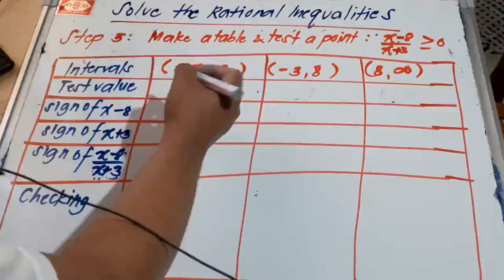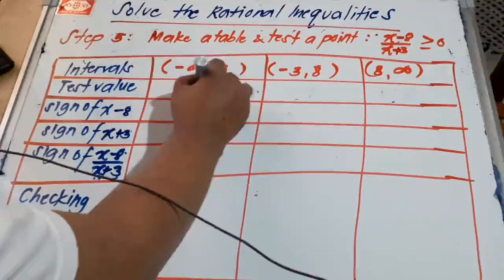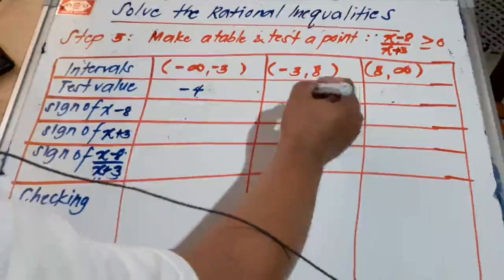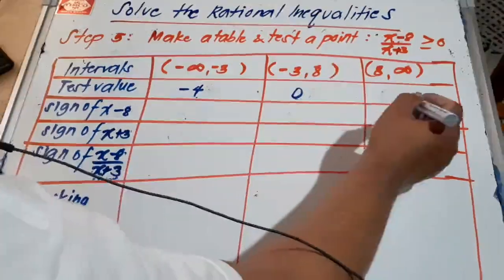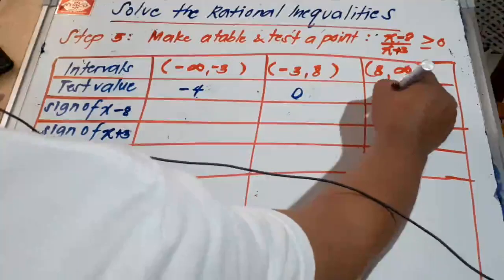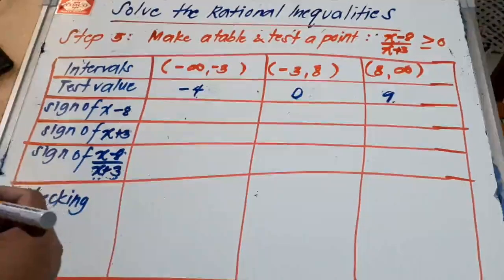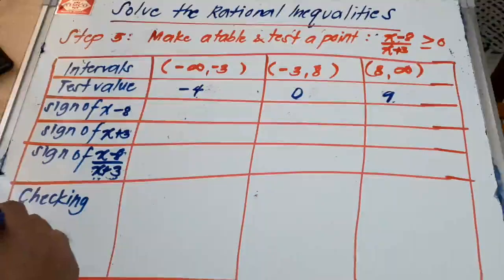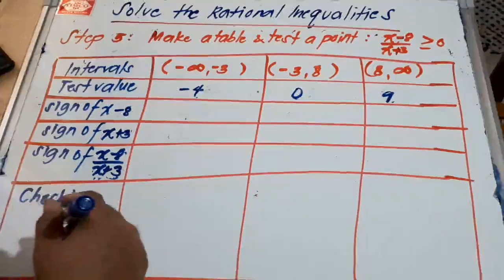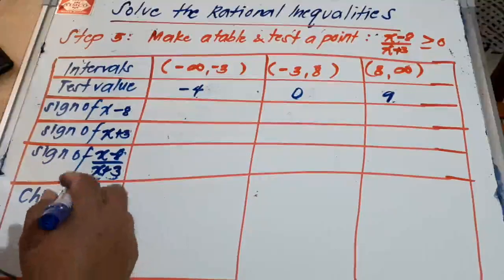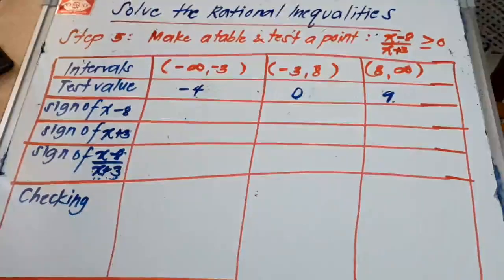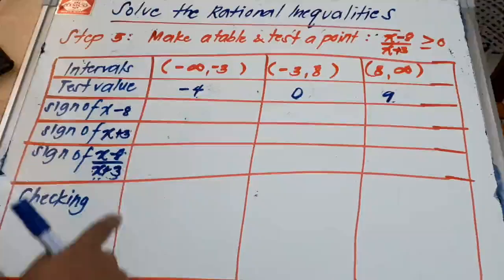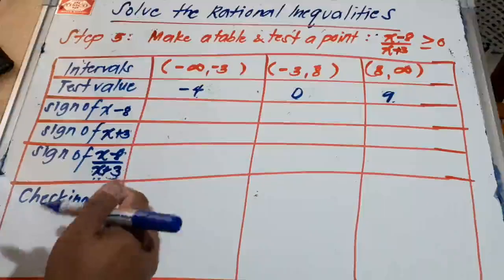Pwedeng negative 4, yun na lang. Dito, we can assign 0. Mas madali-dali. Here, we can assign 9. Huwag na kayong mag-assign ng mga may decimal pa, negative 3.5 o 0.2 or 8.8. Mas magiging madali kung integer na lang i-assign natin sa x para madali natin ma-solve yung ating quotient.